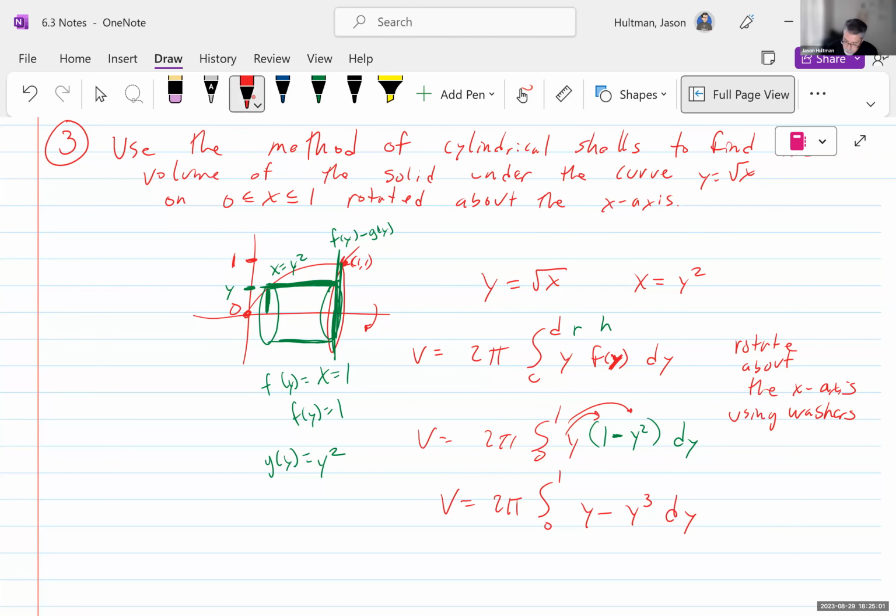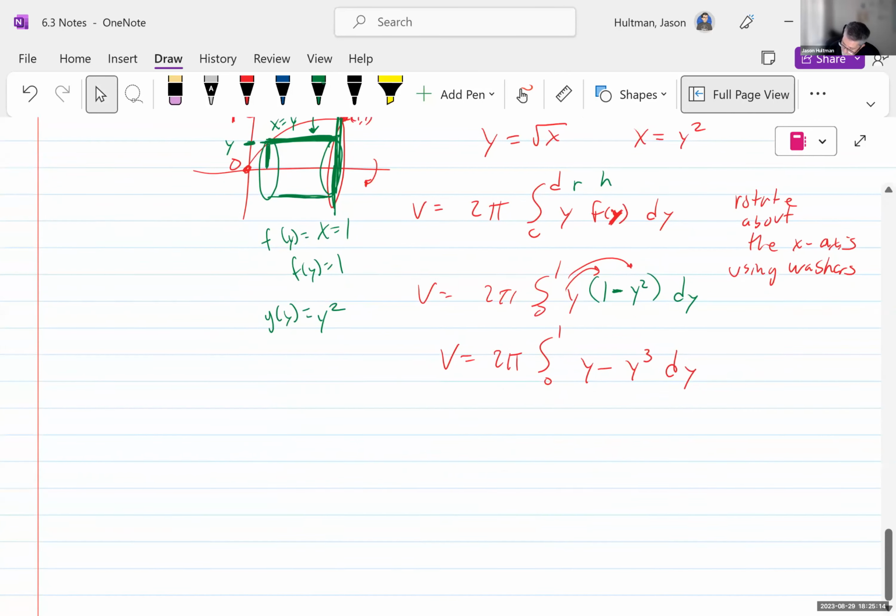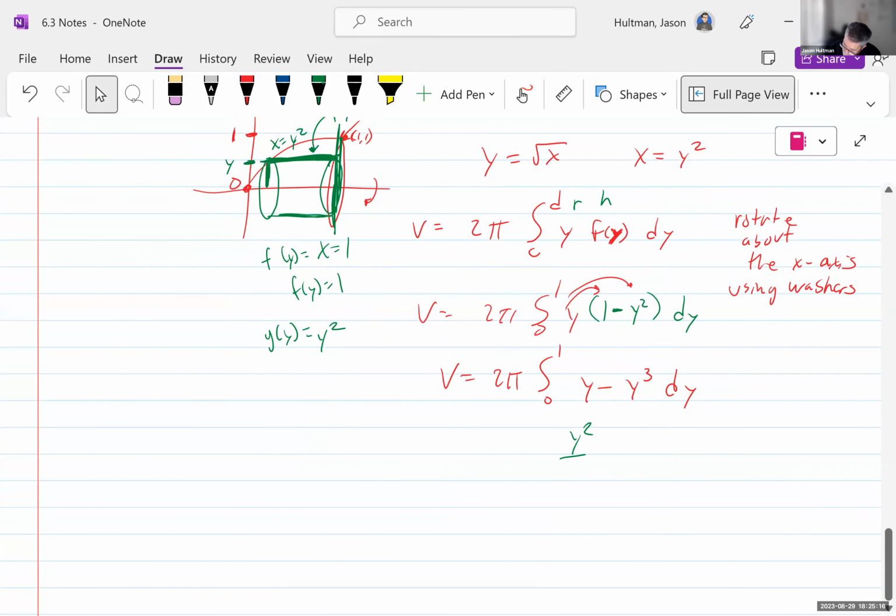That's good. And so we're going to integrate y squared over 2 minus y to the 4th over 4 from 0 to 1.